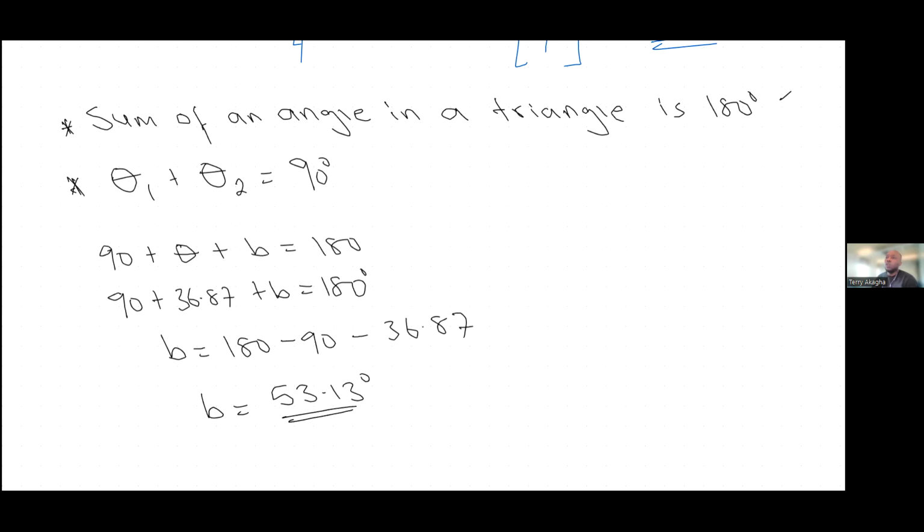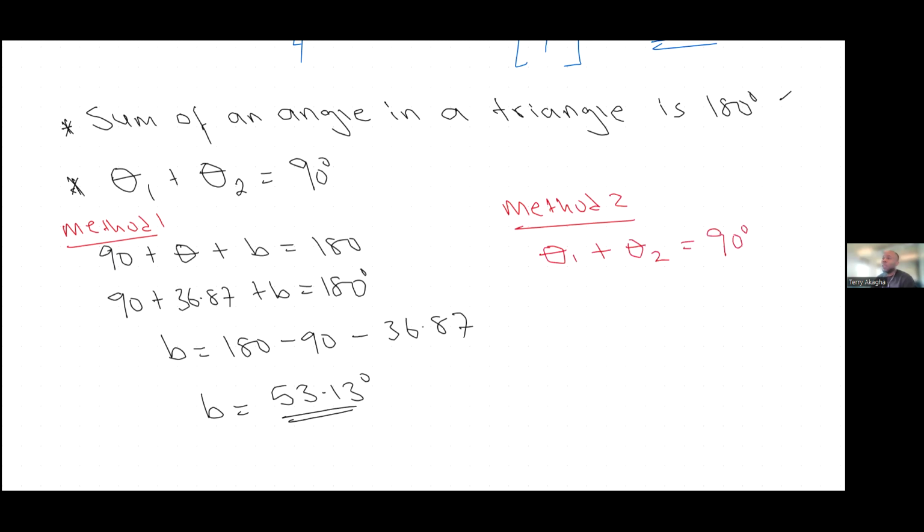Or if you don't want to use this method, which is method 1, you want to use the other method I talked about, method 2, where I told you that theta 1 plus theta 2 is equal to what? 90 degrees for a right angle triangle.